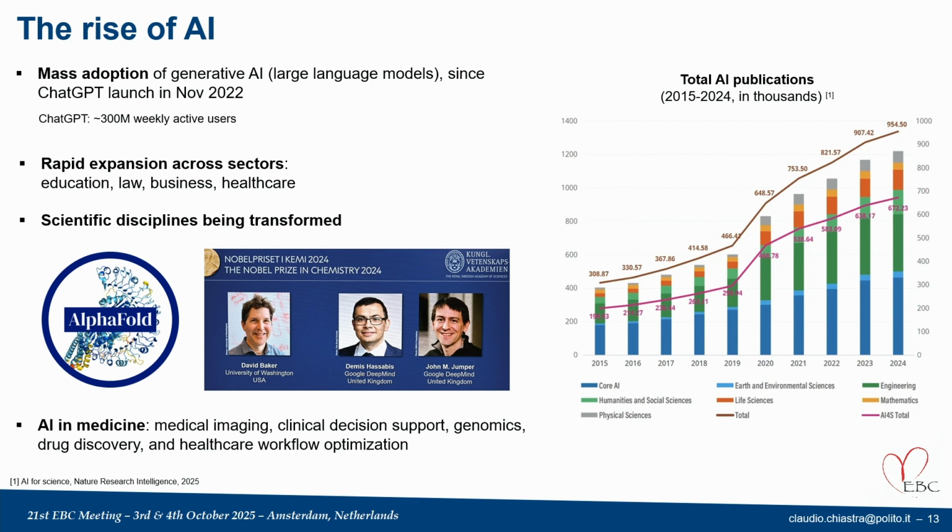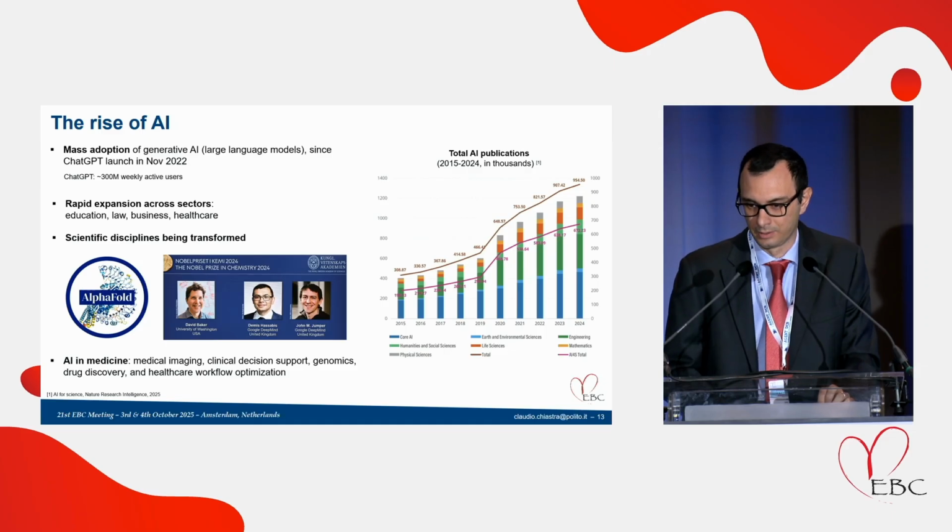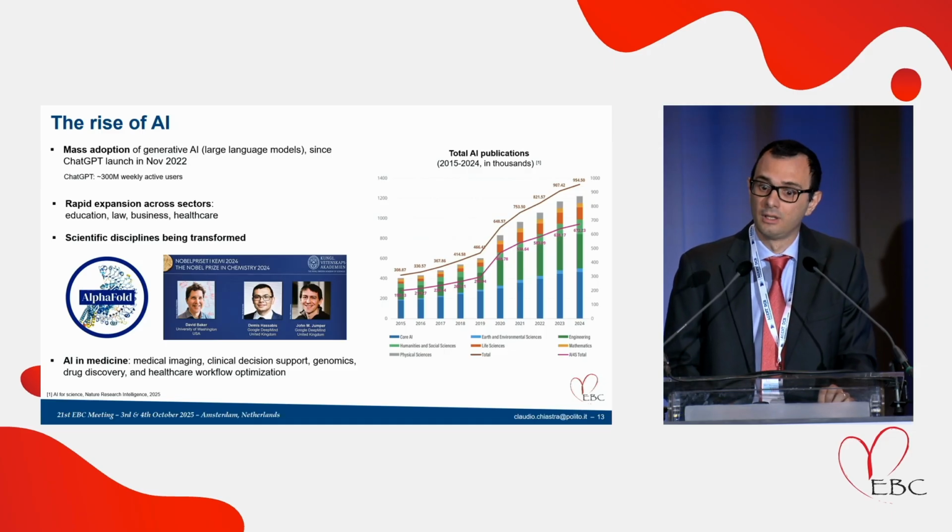We are seeing also an increased use of AI in science. Look at the plot on the right. That is the number of publications in which AI was used over the last 10 years. During the last year, we reached almost 1 million publications in which the term AI was named.